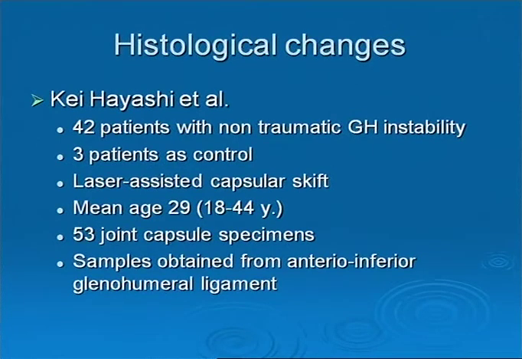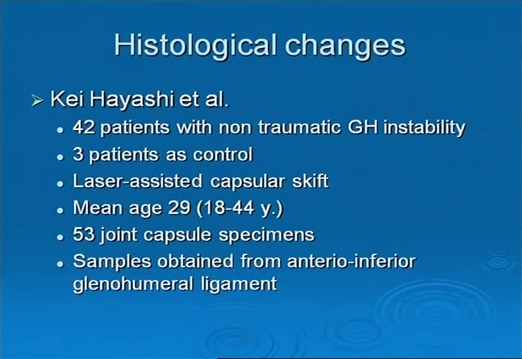A study looked at the histological changes in the capsule. There were samples from 42 patients and 3 control patients who had non-traumatic glenohumeral instability and were treated with laser-assisted capsular shift.